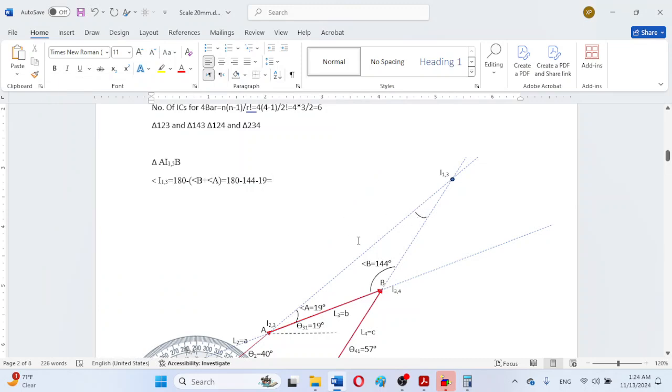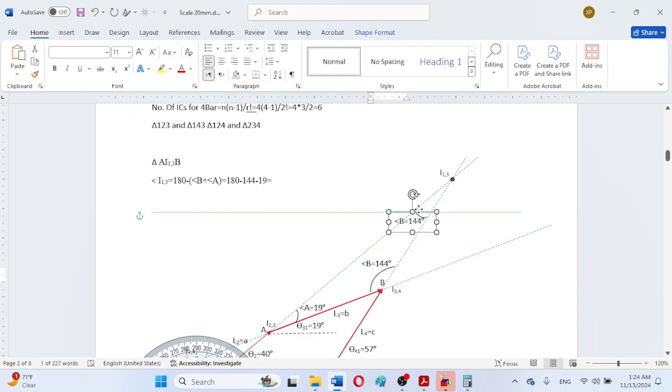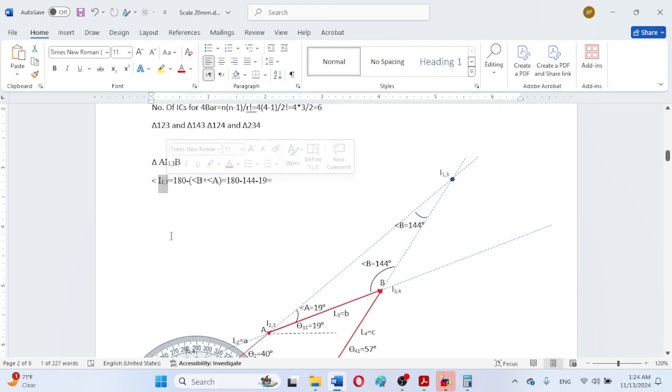So the third angle can be labeled like this, here, the angle at I1,3.